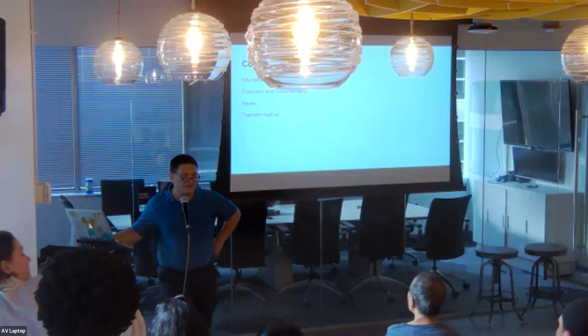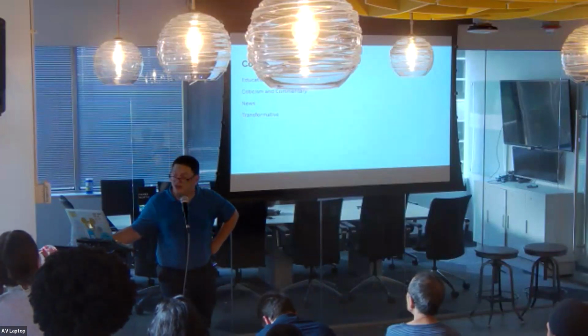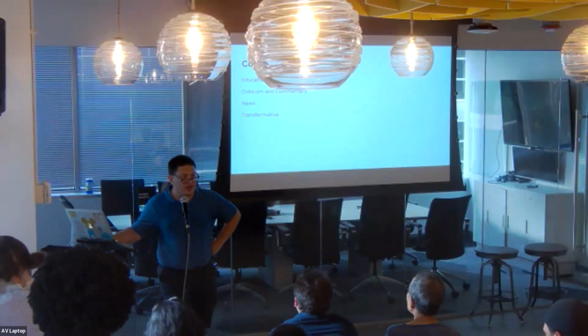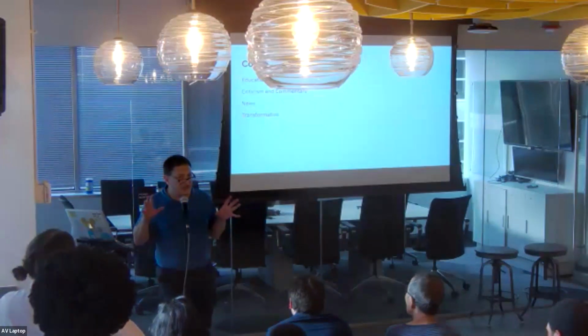There are some exceptions to copyright. I'm just going to hit them real briefly: education, criticism and commentary, news, or if you take a transformative work. These are very complex issues.